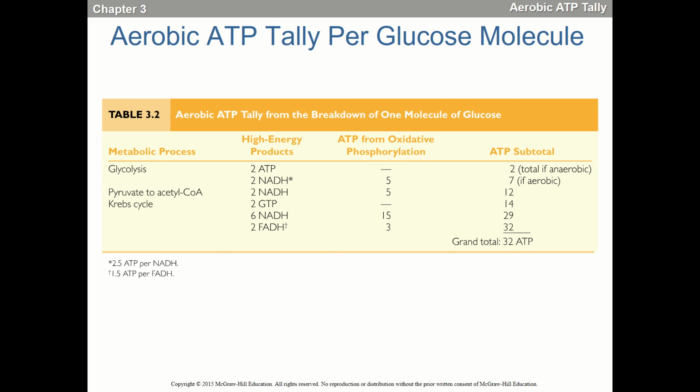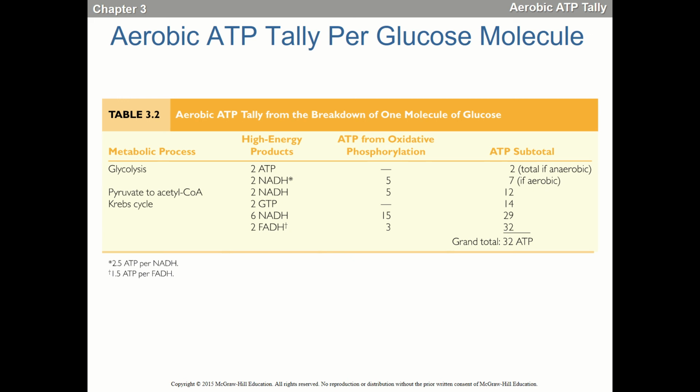At the bottom of the Krebs cycle, we get 2 GTP or 2 ATP. You can write that, that's fine with me. The difference between GTP and ATP, I don't find that compelling really. And then in the Krebs cycle, 6 NADHs. Like the figure I showed you from the Krebs cycle, all the dehydrogenases that I wanted you to remember, there were 3 of those functionally that yielded NADHs.